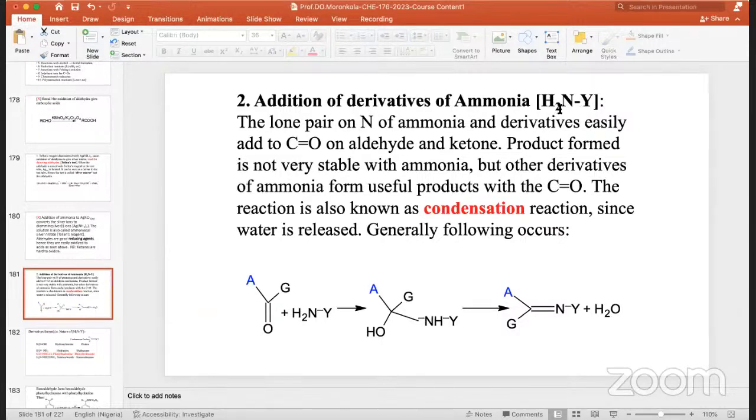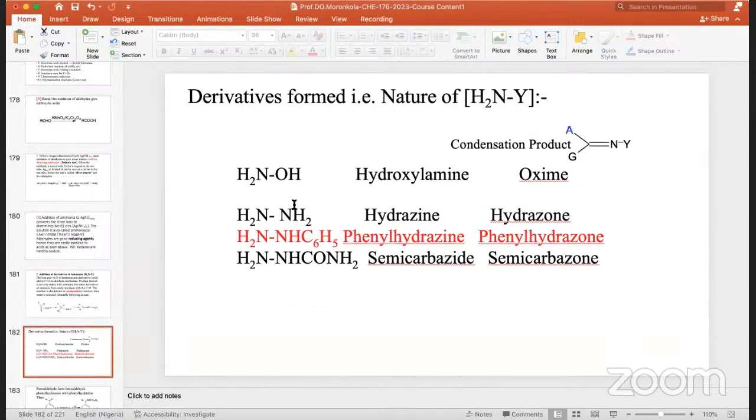Ammonia is NH3, so in the derivatives, one of the hydrogens is now replaced by a Y. What is Y? That's a very good question. Y represents a number of constituents. If your Y is an OH, then you refer to that derivative of ammonia as hydroxylamine. And that is what I'm giving you here. If Y happens to be another NH2, you have a hydrazine.